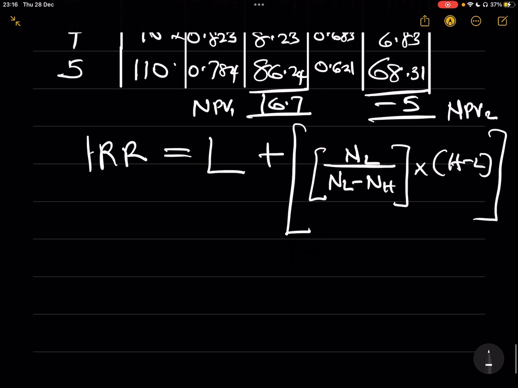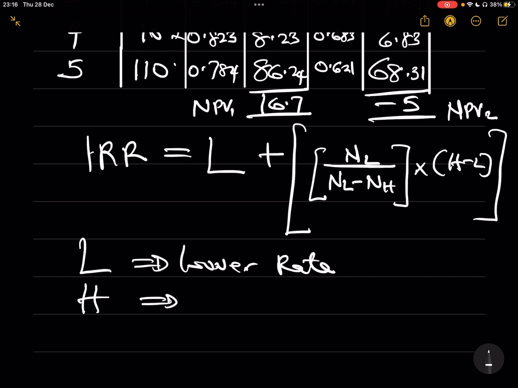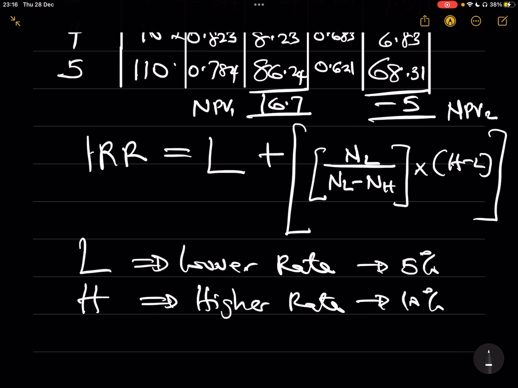Very simple. L just means your lower rate. You guess two rates: there's a lower rate and there's a higher rate. H is the higher rate. In what we did, we used 5% as the lower rate and our higher rate is 10%.